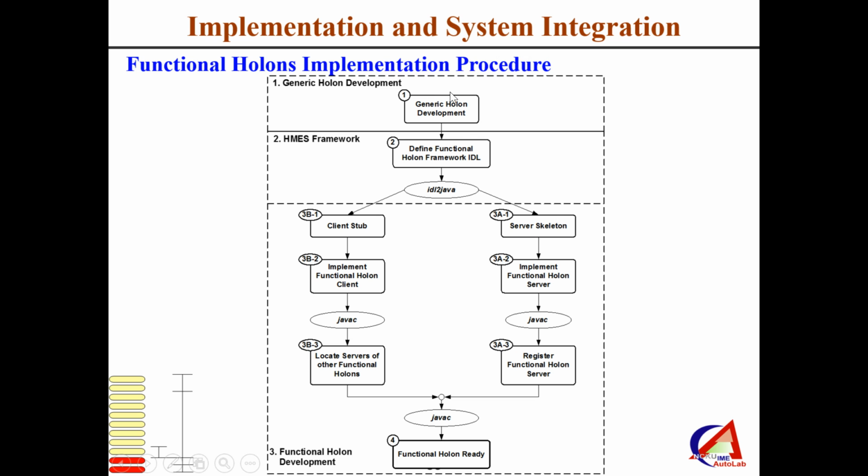You just check it. You see, this is just the COBA framework, the generic holon development, then the HMES framework. And you will convert IDL to Java. So you see this is the client stub and server skeleton. So you can combine. This just shows you the implementation is something like that.